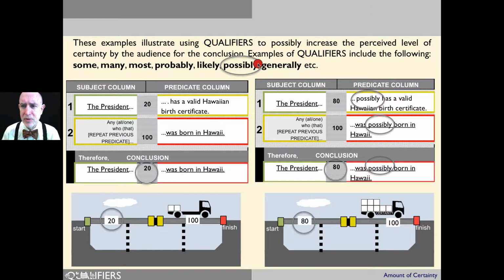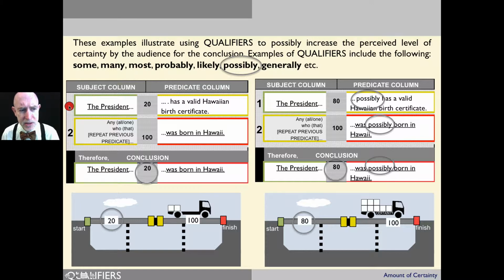So, for example, here we have some examples of qualifiers. Some, many, most, probably, likely, possibly, generally. So let's look at these two examples here and here. The only difference between these two logic bridge templates is the addition of the qualifier possibly.